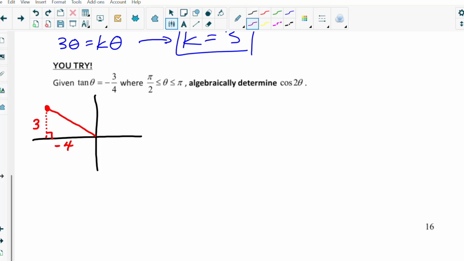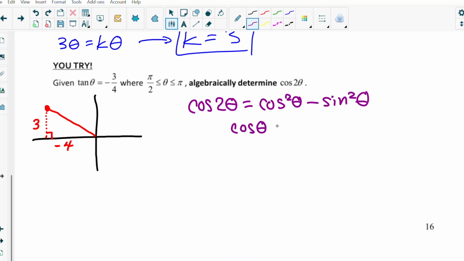So cosine of 2 theta looks like this, folks. Let's see what we need. Cosine of 2 theta, here's one of the identities, is cosine squared of theta minus sine squared of theta.